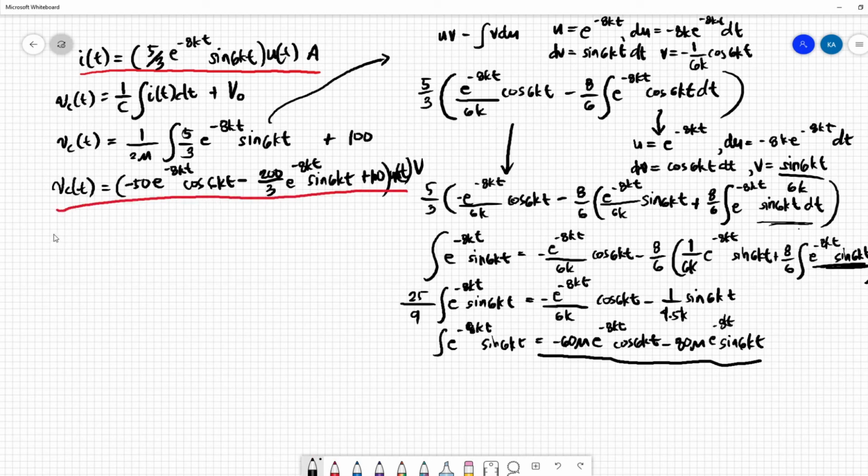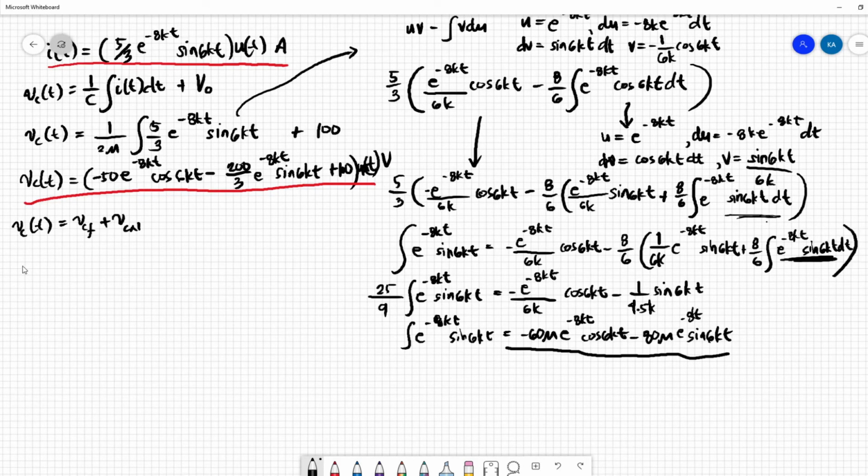We can also solve this using the forced response plus the natural response. We have Vc of t equal to 100 plus Ae to the negative 8kt cosine of 6kt plus Be to the negative 8kt sine of 6kt.